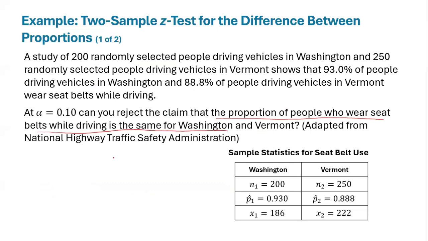So proportion means P, P1 and P2. When it says the proportions are the same, that means P1 must be equal to P2. And we always put the equal sign for the null hypothesis. If the null hypothesis is equal, that means the other one is not equal to. And we know that the claim is on the null hypothesis in this case.